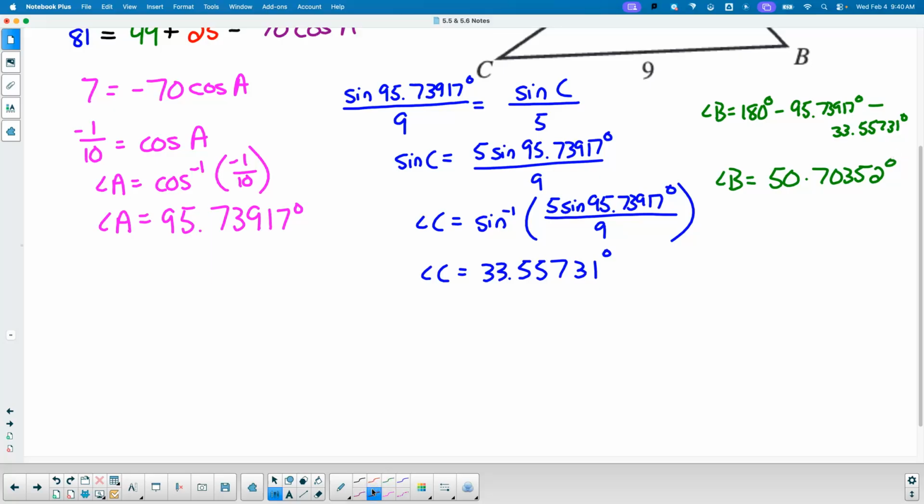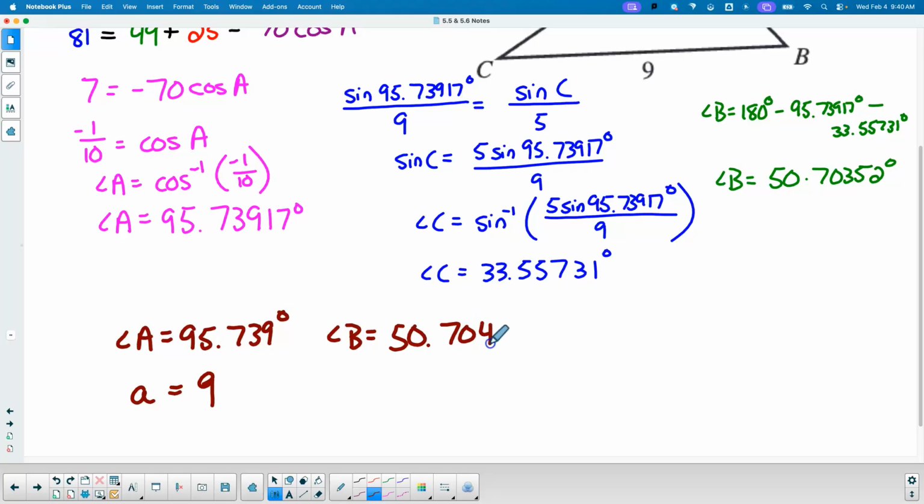So, all told, we had angle A is 95.739 degrees. Side A was 9. Angle B was 50.704 degrees. Side B was 7. Angle C is 33.557 degrees. Side C was 5.